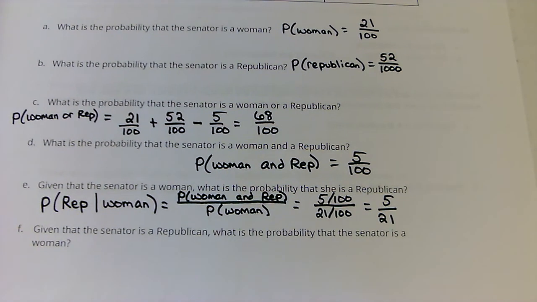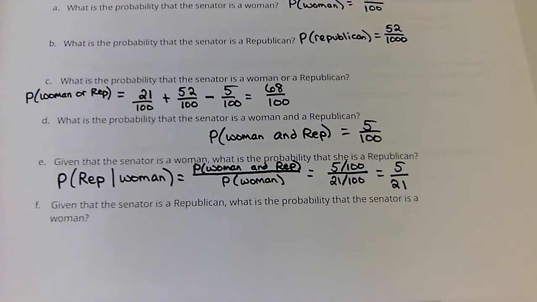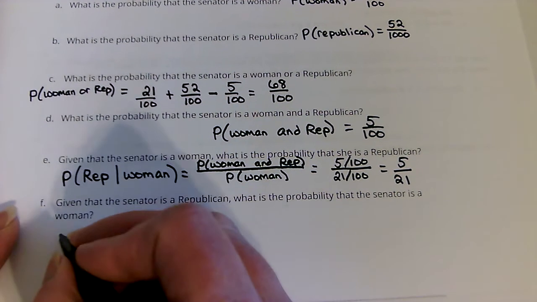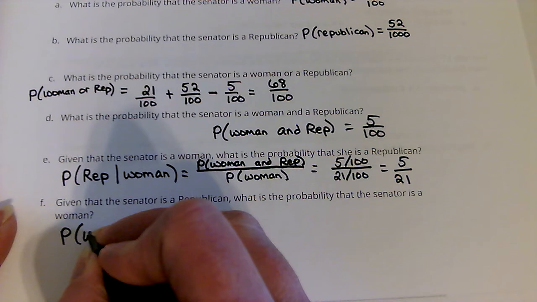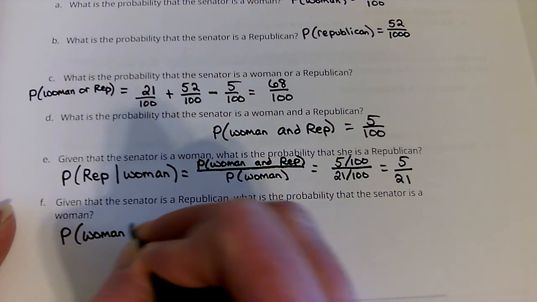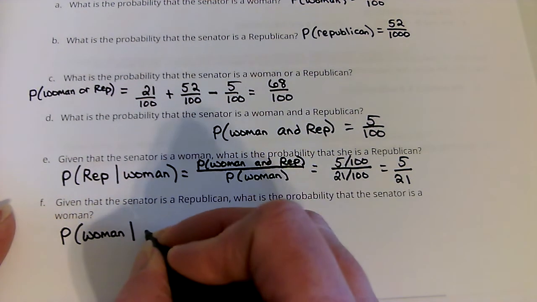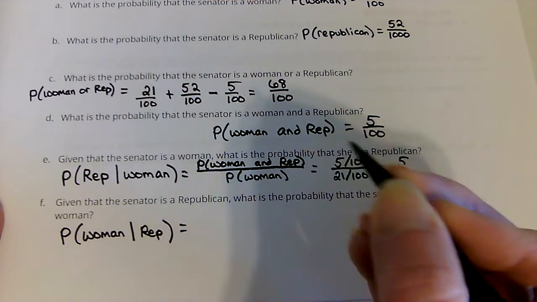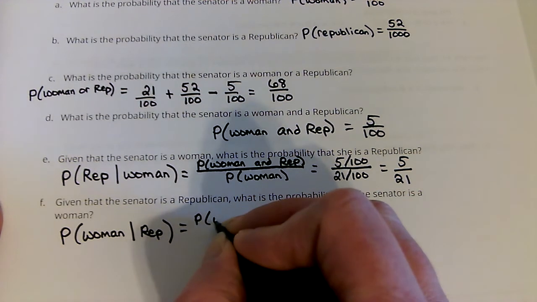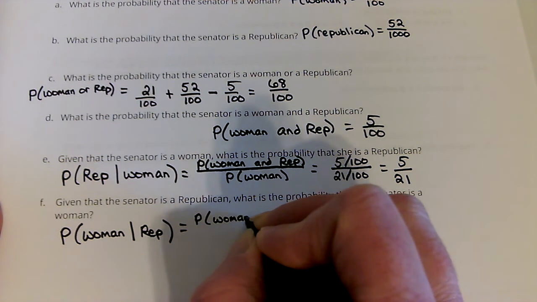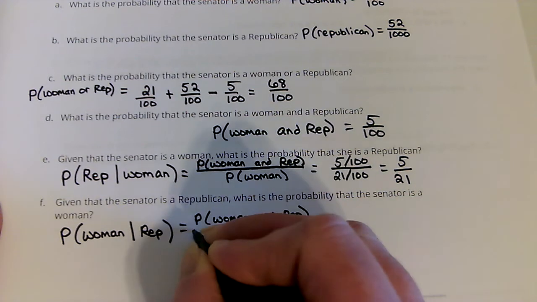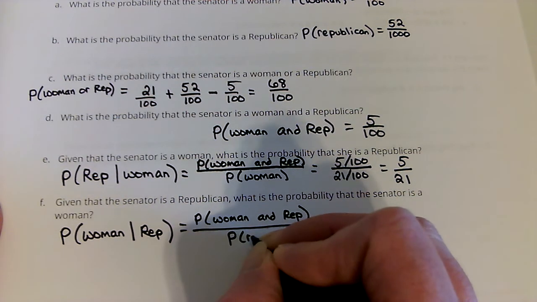What about the other way around? Given that the senator is a Republican, what's the probability of being a woman? Changing it around. The probability of being a woman, given that they're a Republican. So using the formula, probability of being both, this time divided by the probability of being a Republican.